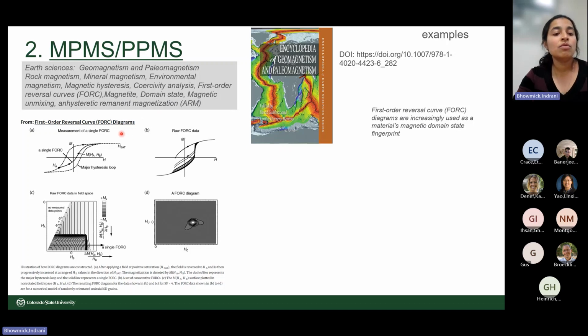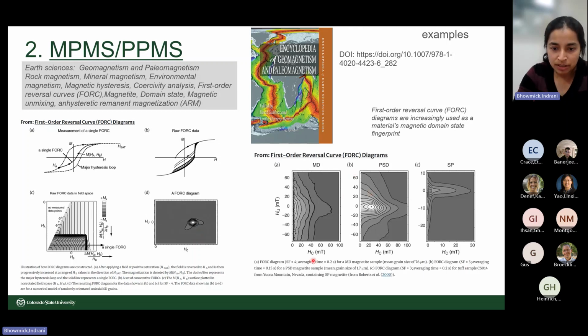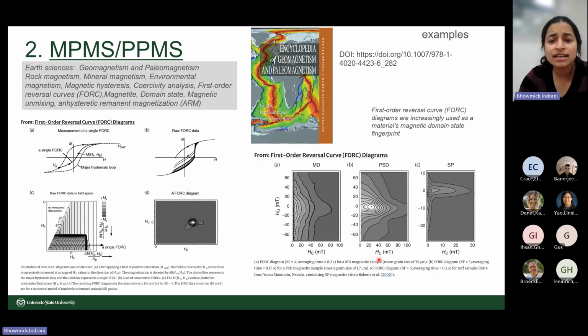So in that case, the magnetic fields needed to reverse the magnetic moment are not always the same. By changing the field a little, we create this big curve of hysteresis, but at the end, taking the first order reversal of that, or the kind of derivative of that, we can create this fingerprint for a sample. So here is an example. This is a multi-domain magnetite sample, and this is, I'd say, single domain, but powder-like, polydisperse.